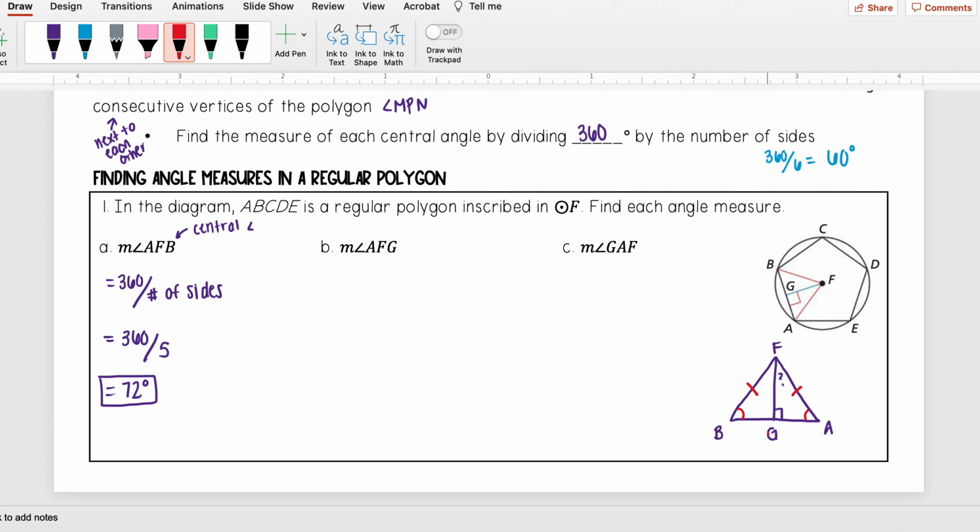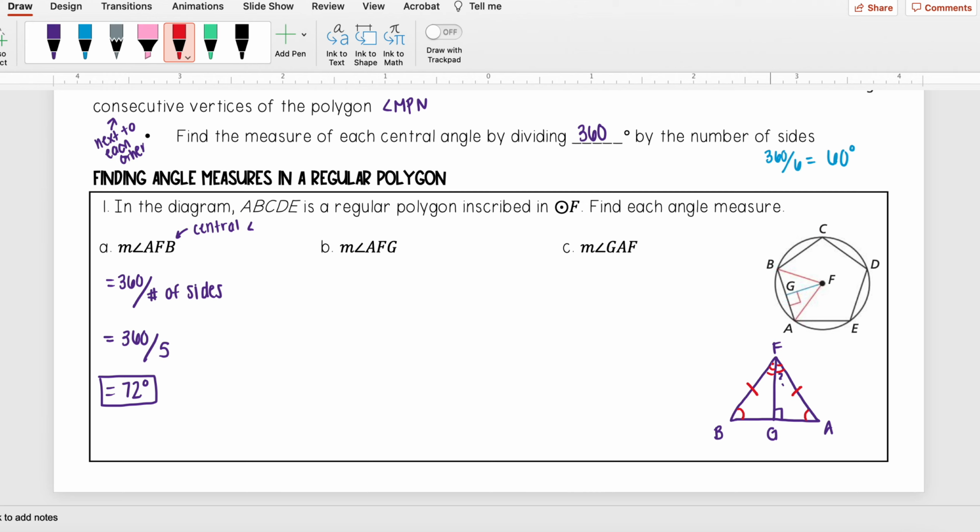And we learned in a unit a while back that in an isosceles triangle, a segment perpendicular to the base actually bisects the top angle. So these two angles are also congruent.